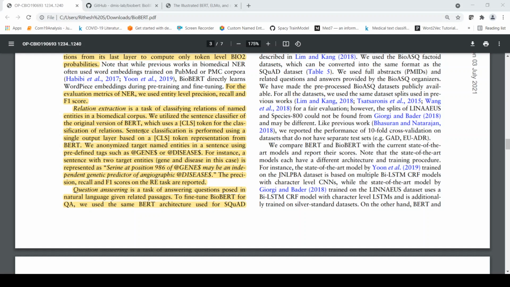For relation extraction, what they did was create a sentence classifier for every sentence. They used the CLS token, which is the beginning token of a sentence, and they use the output of the CLS token to classify whether this sentence has a relation or not.